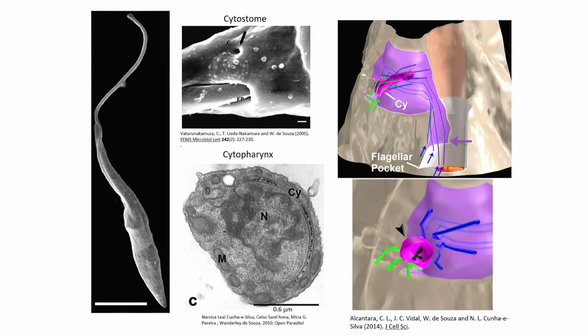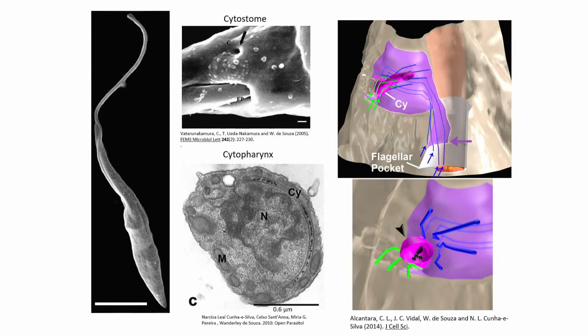And in the last years, I was trying to describe the ultrastructure of the cytostome cytopharynx, how it is organized, how the cargo enters through the cytostome and leaves the cytostome and reaches the final organelles of these cells, which are the reservosomes.